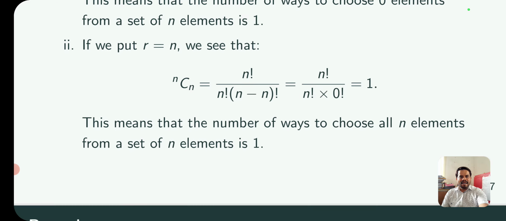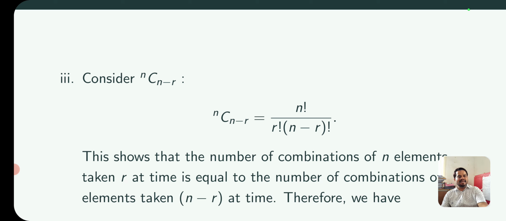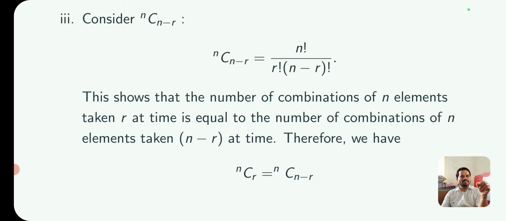And the last one: what is the value of nC(n minus r)? Obviously it is n factorial upon r factorial into (n minus r) factorial. Why? Because the number of combinations of n elements taken r at a time is equal to the number of combinations of n elements taken n minus r at a time, and therefore nCr is equal to nC(n minus r). These are the remarks on that theorem.